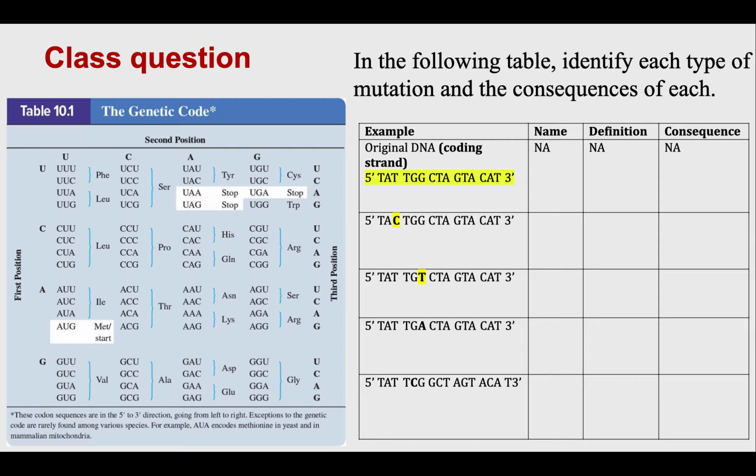I'm confusing myself now. I've been thinking too much about codons. ACA would be the complementary one, wouldn't it? Because if we're turning this into RNA, this is going to turn into AGA eventually.